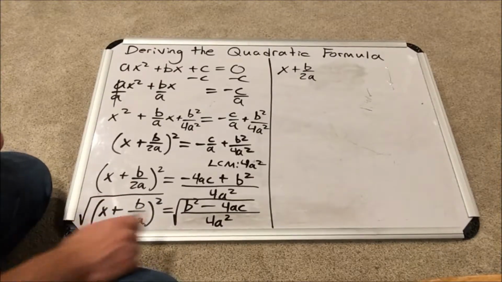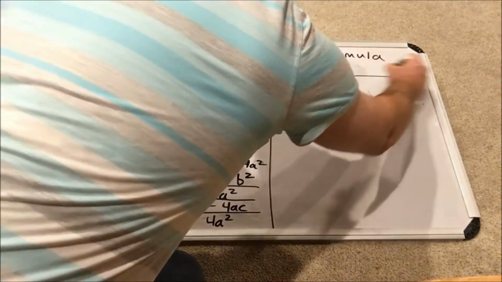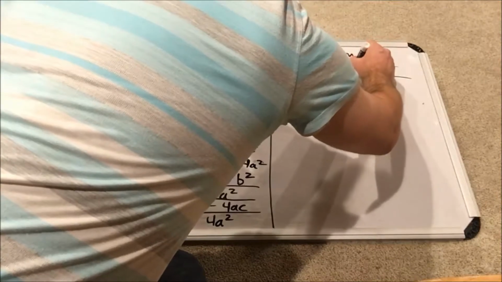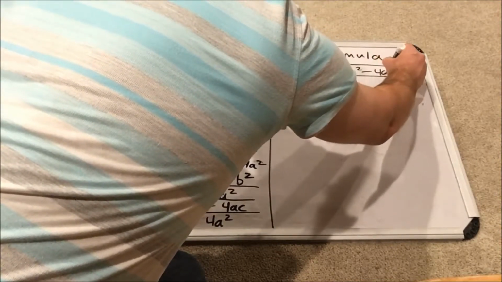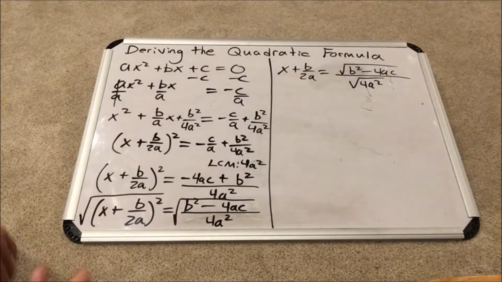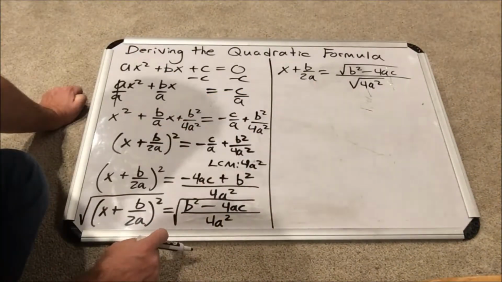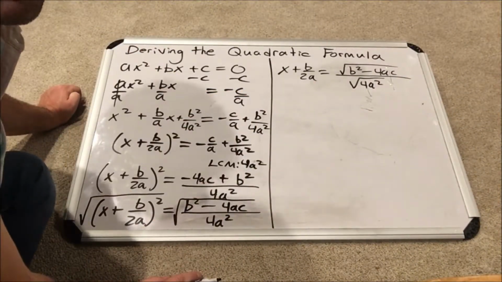That is equivalent to what you see right now: the square root of b squared minus 4ac over the square root of 4a squared. Those are equivalent, and that is nice because if you look at the denominator, I can perfectly square root this without any irrational numbers.